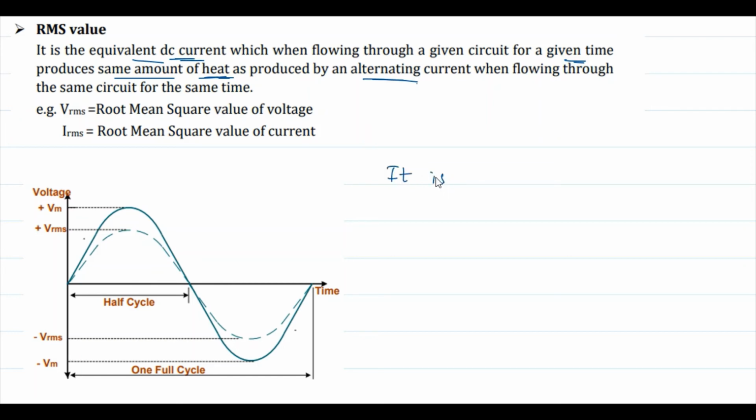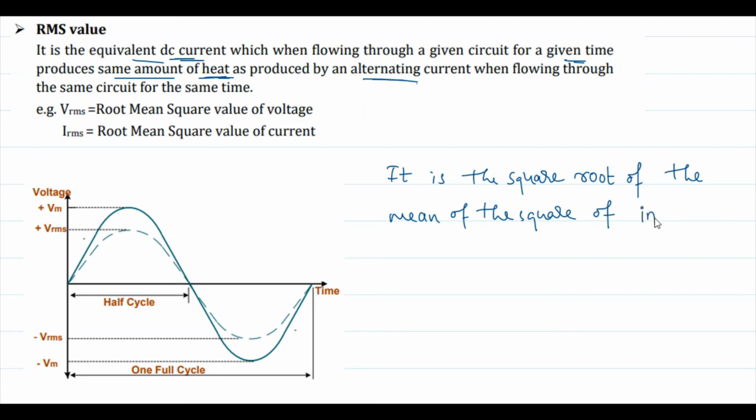Sometimes we define the RMS value as the square root of the mean of the square of the instantaneous value taken over a complete cycle.